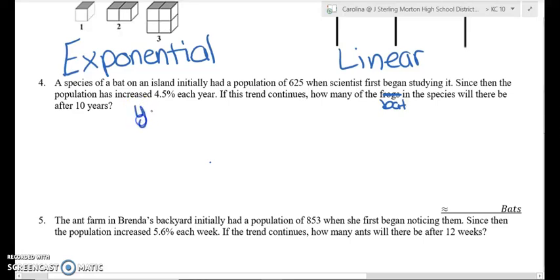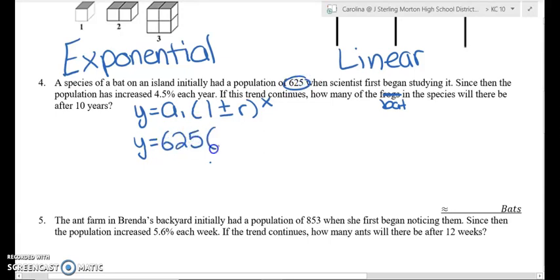So it's going to be y equals a sub 1 parentheses 1 plus or minus r to the x power. Again, the problem itself gives me all the information I need in order for me to solve for this problem. So it's going to be y equals a sub 1 is where the population started. It started at 625. Parentheses 1. Clue word here, it increased.